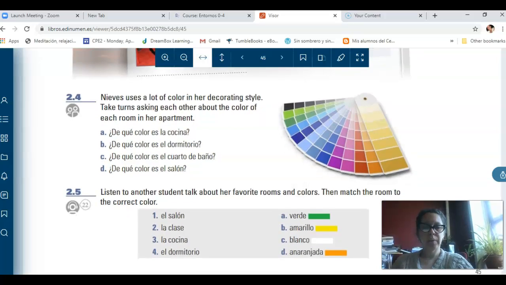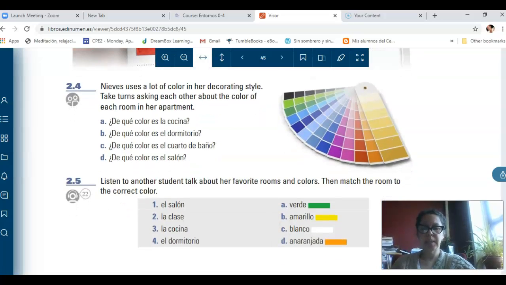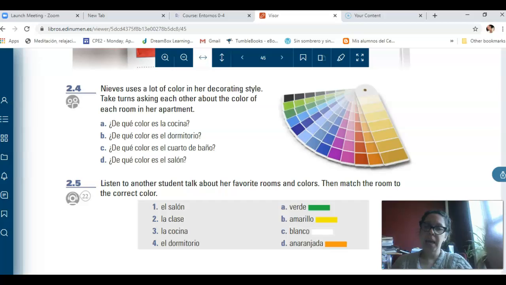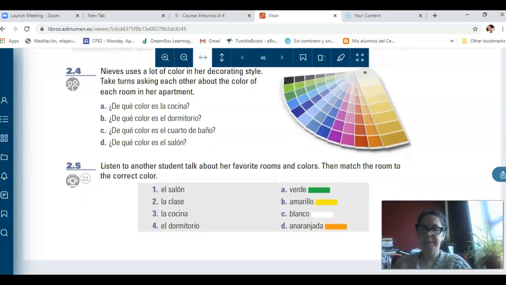Try to answer, okay, in complete sentences. La cocina es, and then you add the color. Make sure that you have the agreement, okay, because we're talking about la cocina, that's feminine, and it's singular. So your color, which is the adjective, has to agree, okay?